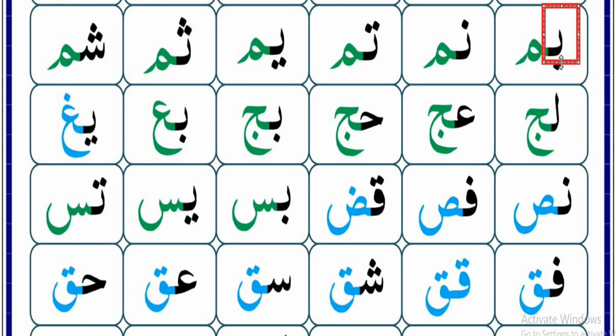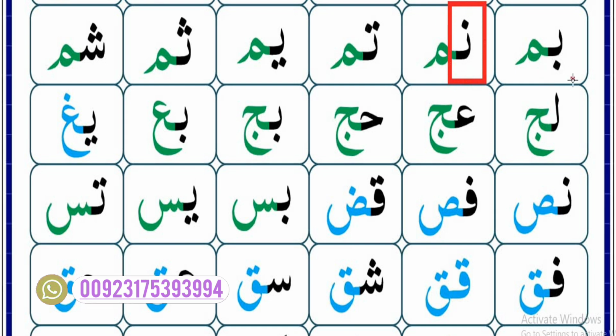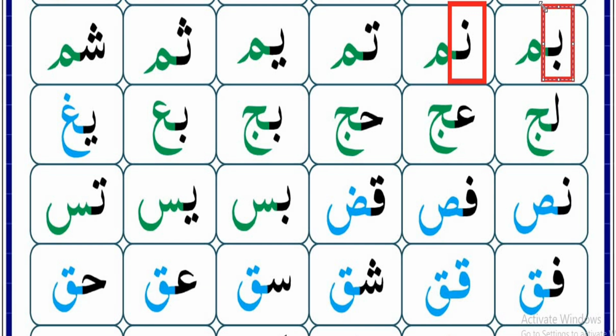So this shape, if it has one dot at the bottom, like it has here, it's ba. And the same shape, if it has one dot on top of it, that's noon. So the difference you can see between the two is the dot. The one with a dot at the bottom is ba, and the other one, which has a dot on top, is noon.